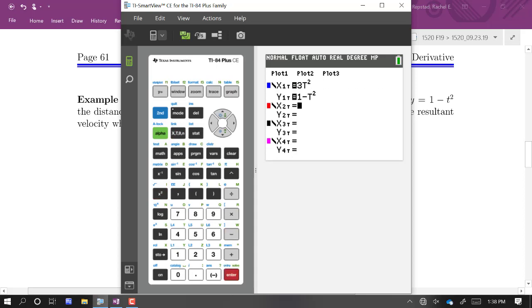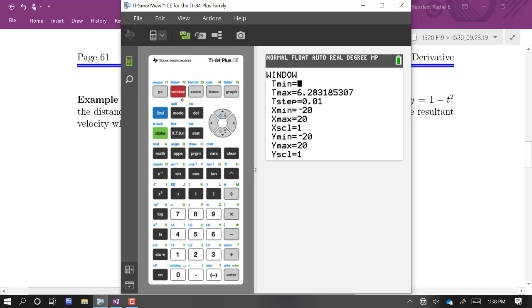I don't know exactly what the right window is, so I might do some trial and error to see what it looks like when I graph it. When I hit the window button, we have our regular x min, x max, y min, y max. Then we also have our t min, t max. Where does time start? Where does it end? And the t step, how often do you want it to stop and plot a point? So I just put it at 1/100th.